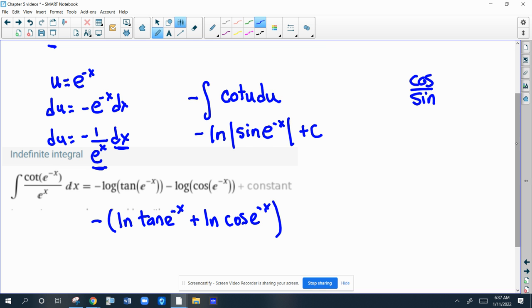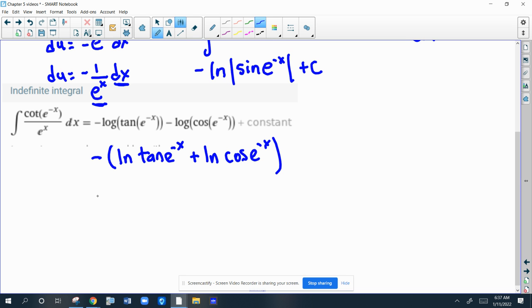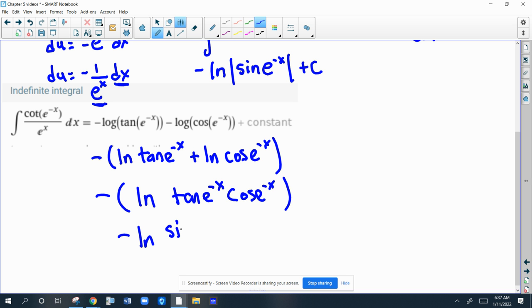The addition property of the logs allows you to make this the natural log of tangent e to the negative x times cosine e to the negative x. So negative natural log of, now tangent is sine over cosine. So this is looking really good right now.